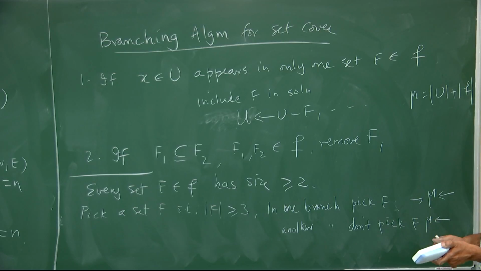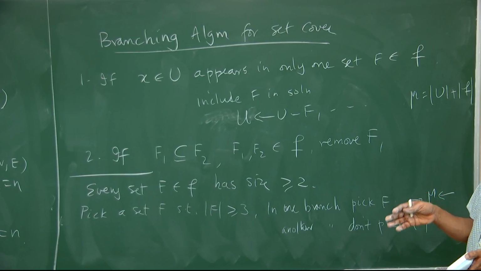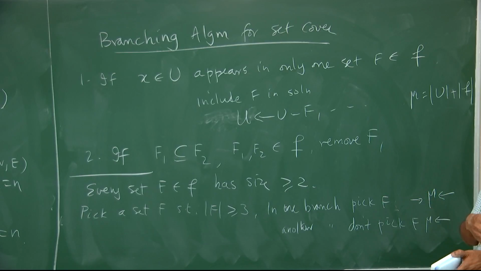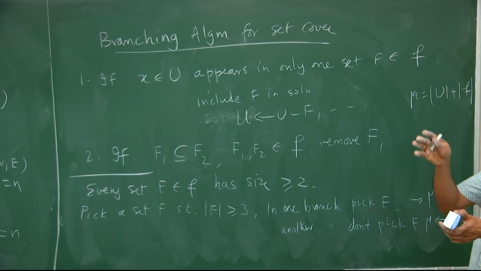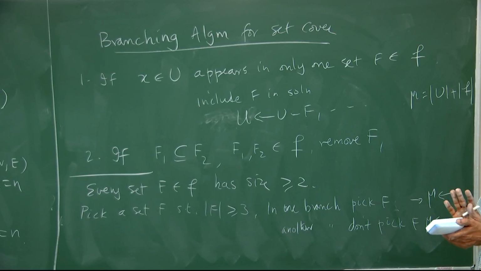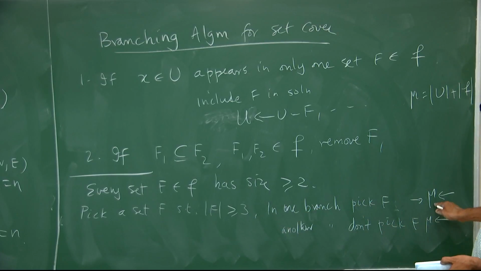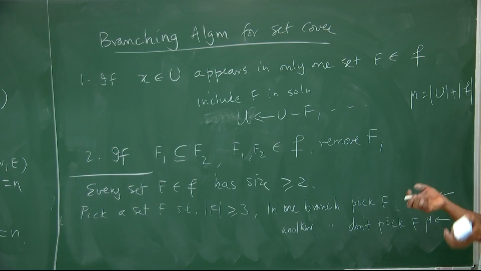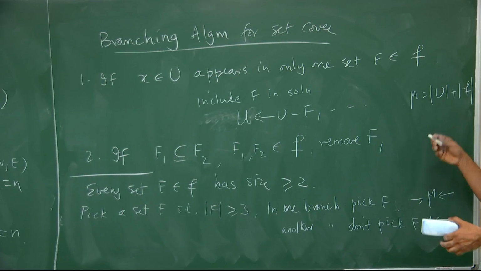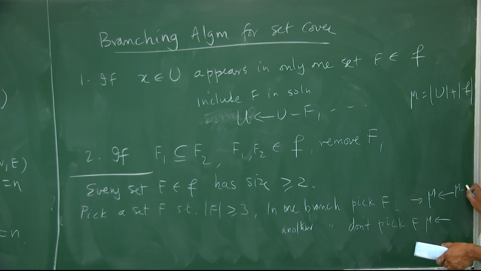F is out of my family. All elements covered by F are also out of my universe, right? F is of size at least 3. So how much does it drop by? By 4, right? The universe drops by 3, the family drops by 1. So mu would be at most mu minus 4.